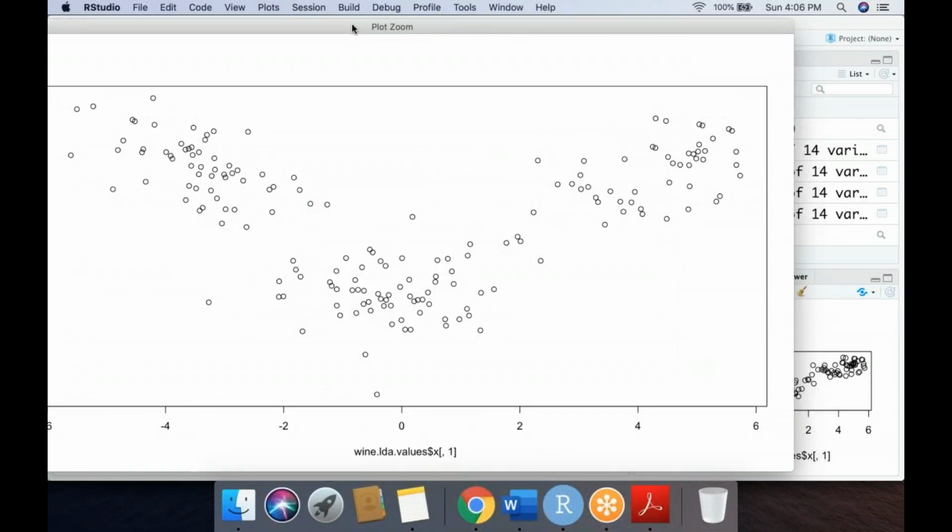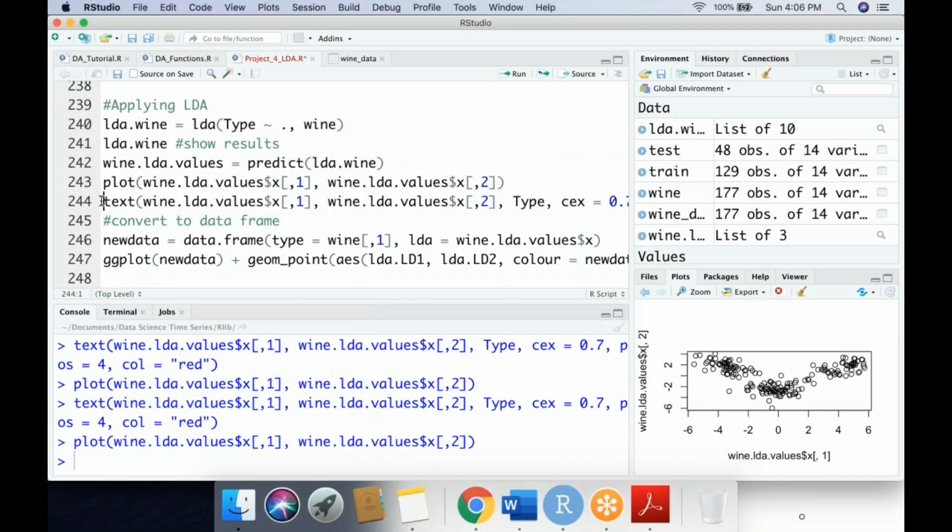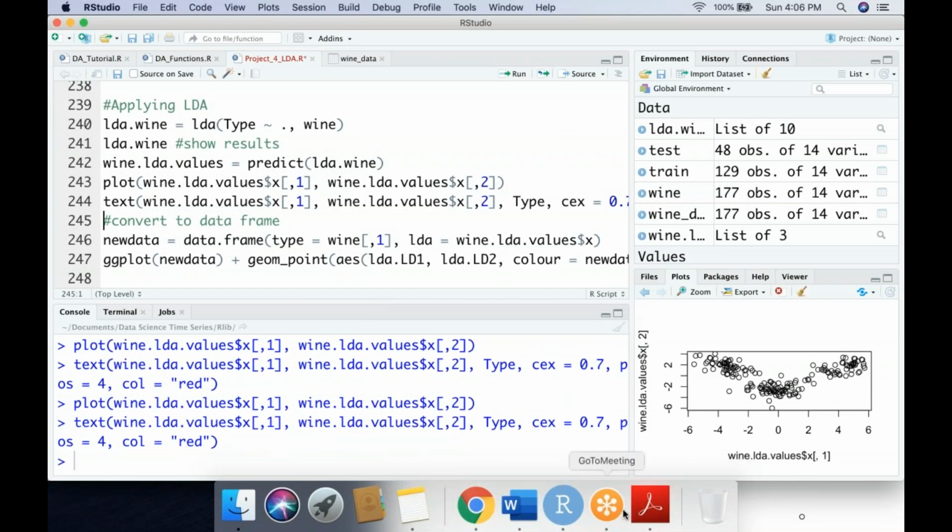So you are getting the plot, correct? There is no object type.